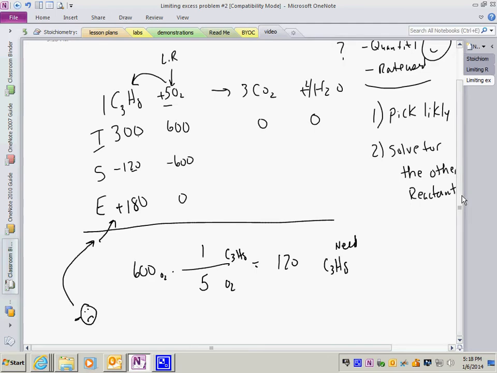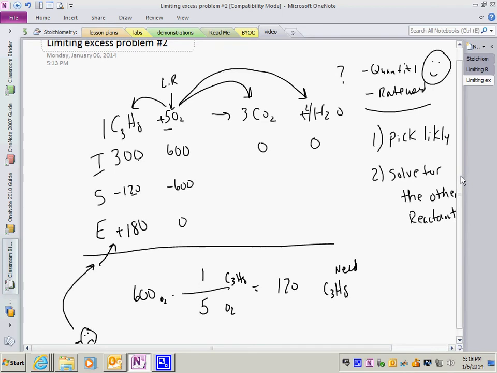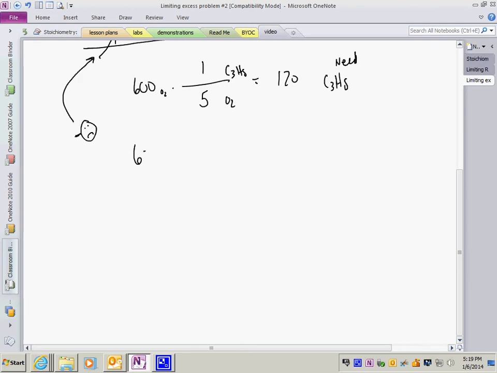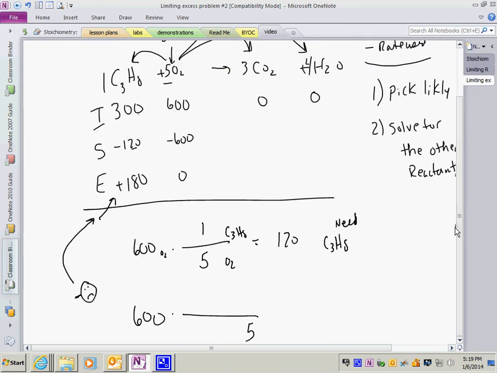Now, once I know my limiting, everything is based off of my limiting. I'm going to do my math here. This arrow here is a 5 to 3 ratio. This arrow here is a 5 to 4 ratio. Now the problem is no different than anything else. I'm going to give myself a little more room here again. 600 at a 5 to, I believe it was a 3. 5 to 3 ratio.